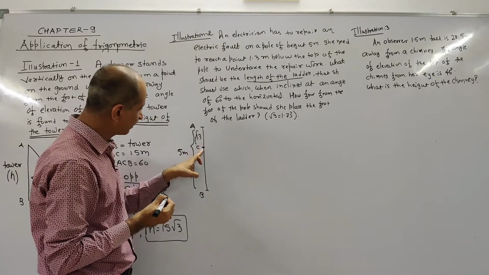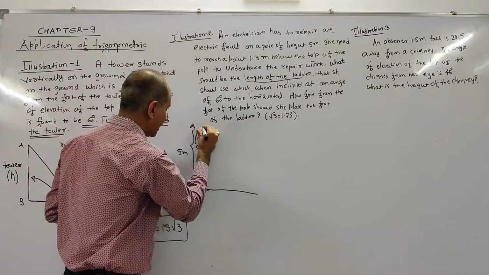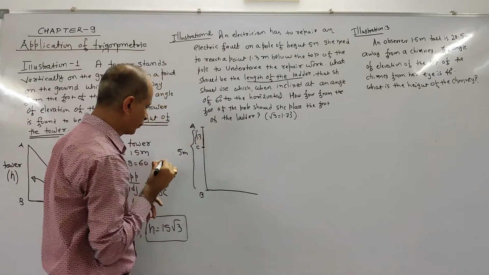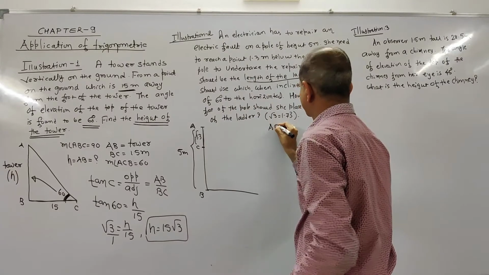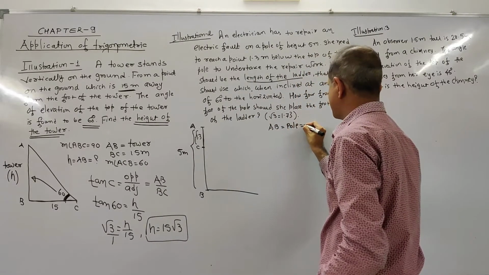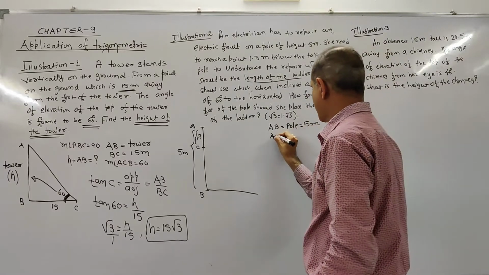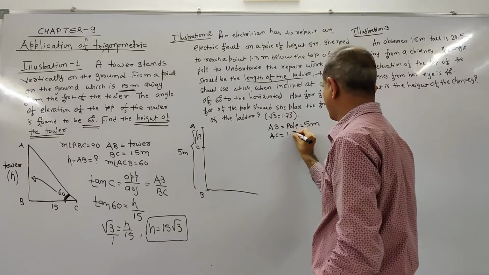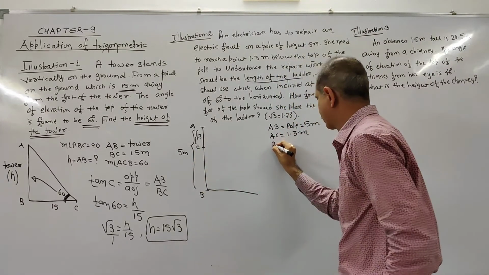And one has to repair at point C. So AB is equal to the pole and is equal to 5 meters. Now AC is equal to 1.3 meters, so you can easily find BC.